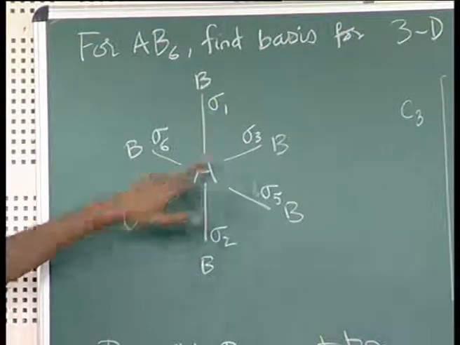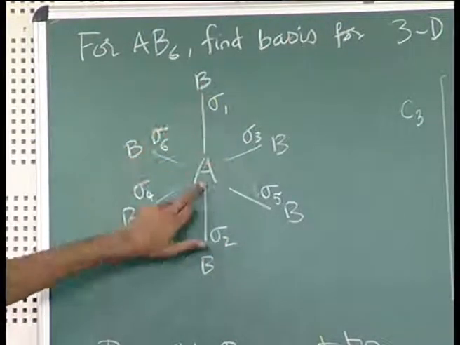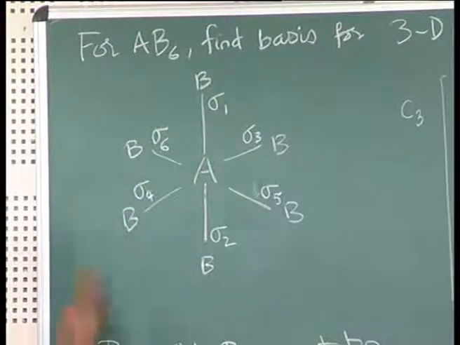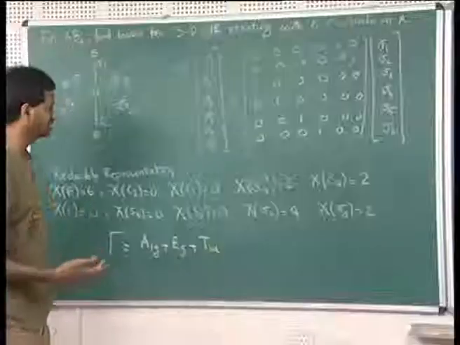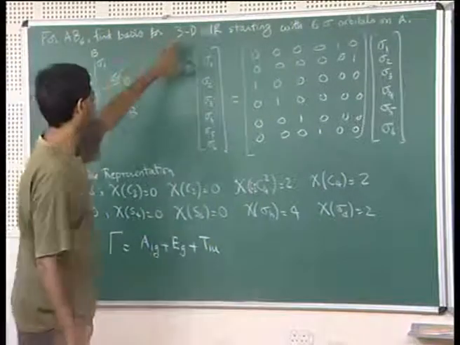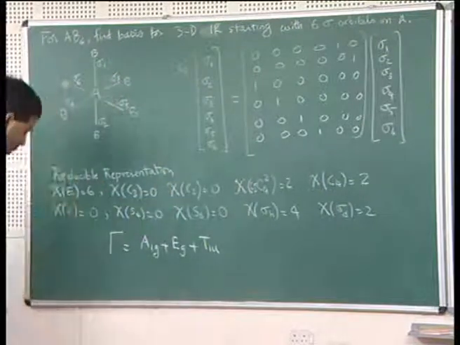So, you have these 6 sigma orbitals going from A to the 6 B atoms. Starting with these 6 sigma orbitals, let us go through the procedure and construct the symmetry adapted linear combination, and what we will get is a basis for a 3-dimensional irreducible representation.